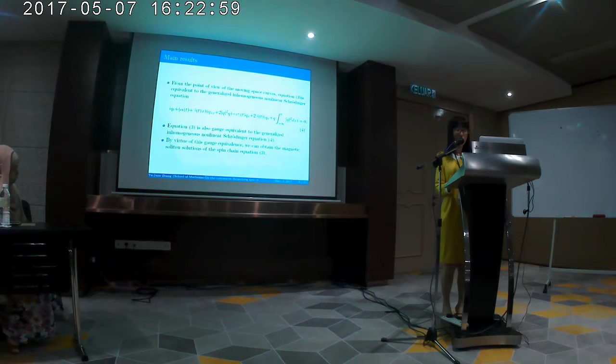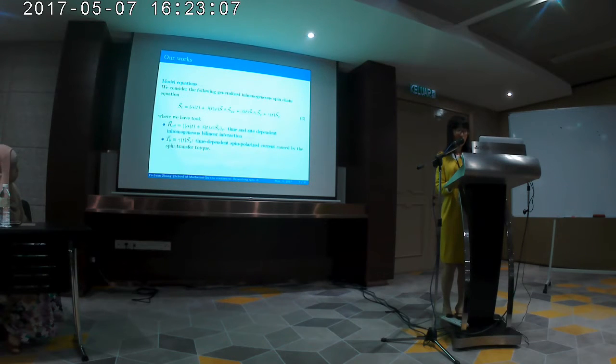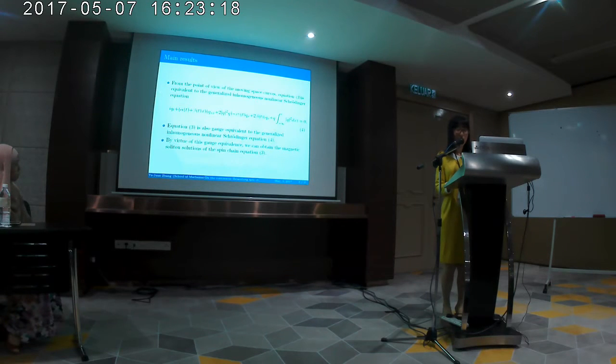By virtue of this gauge equivalence, we can obtain the magnetic soliton solutions of the spin chain equation 3. Because equation 3 is nonlinear and very complex, it is difficult to solve. Because of this equivalence to equation 4, we can solve it.